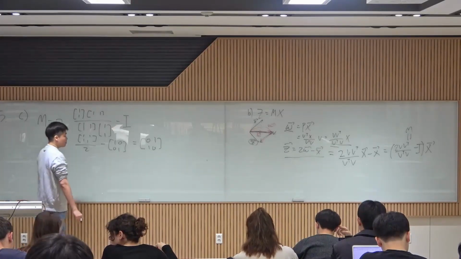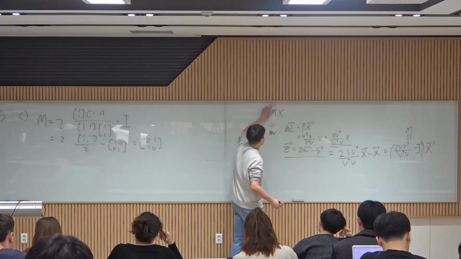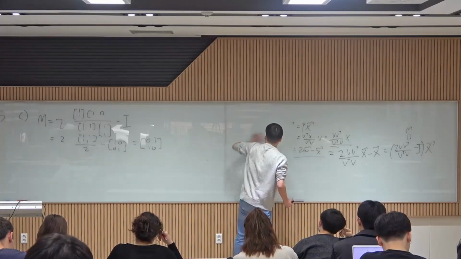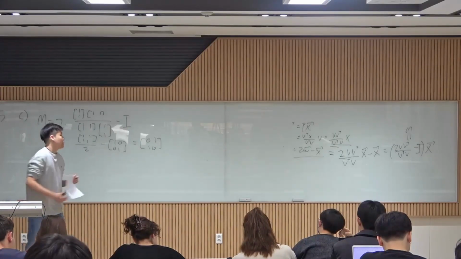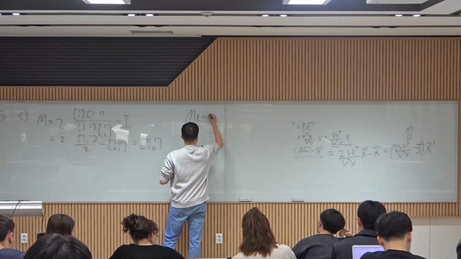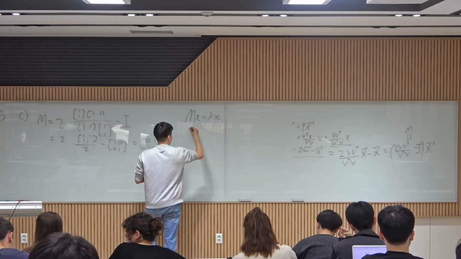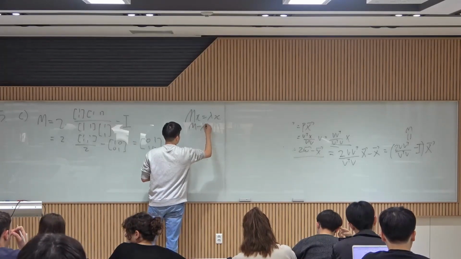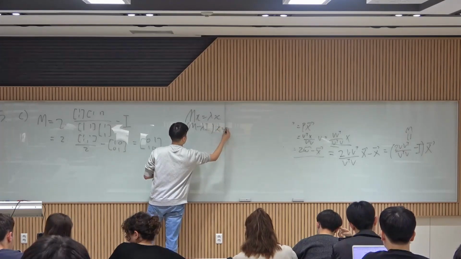In order to compute the eigenvalues and eigenvectors, we use a simple equation, Mx equals lambda x. So (M minus lambda I) x is equal to 0.